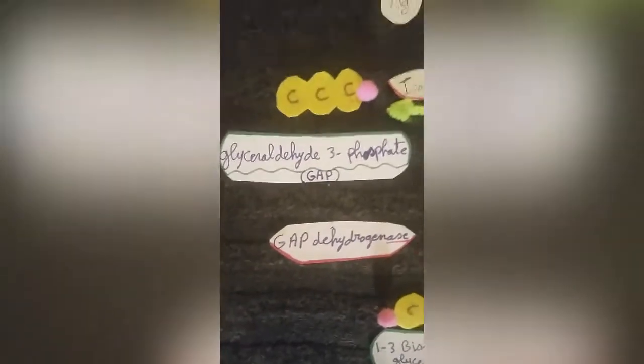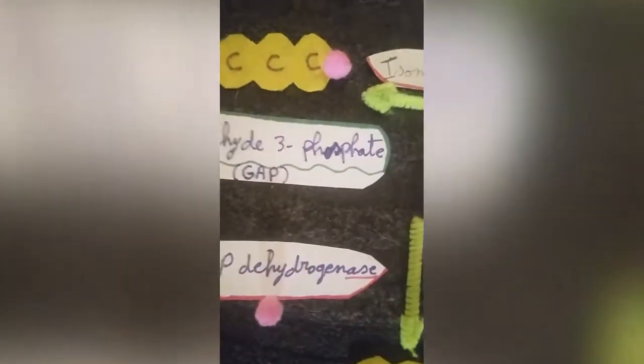Also in part 2 we have glyceraldehyde 3-phosphate dehydrogenase. Here we will need a NAD molecule, and this phosphorus would be added later.